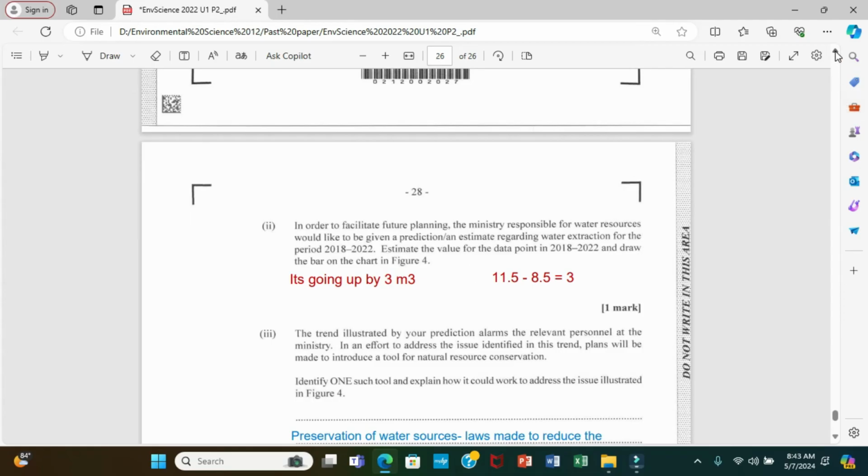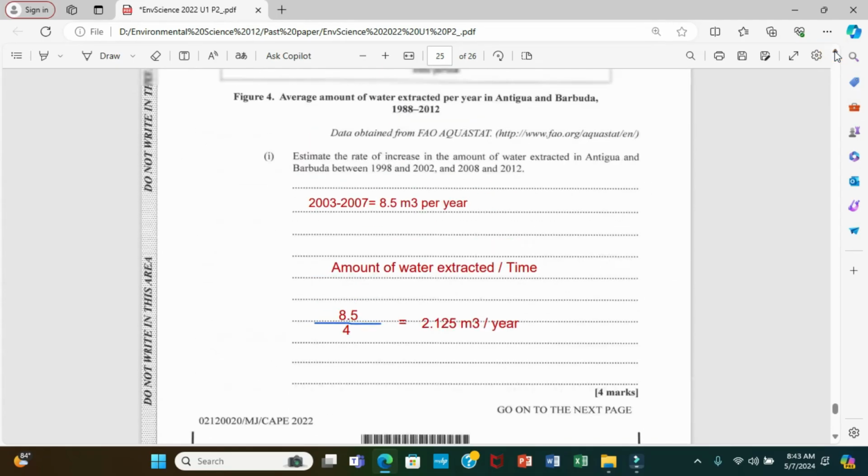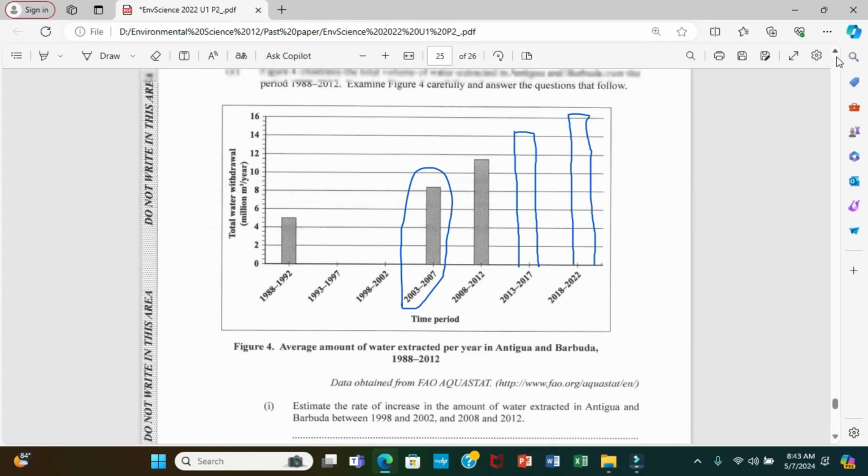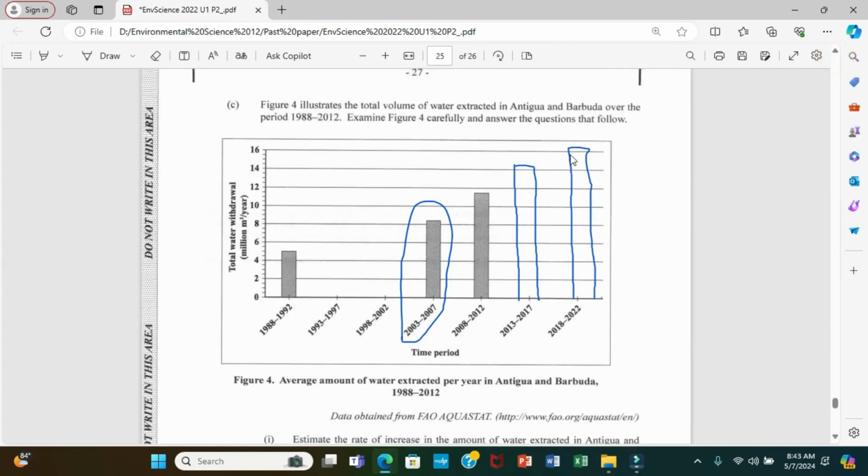All right, so here is 2018. So this is what they wanted, to estimate the amount of water that would be extracted. So from my estimation, it would be 16.5 million cubic meters of water.